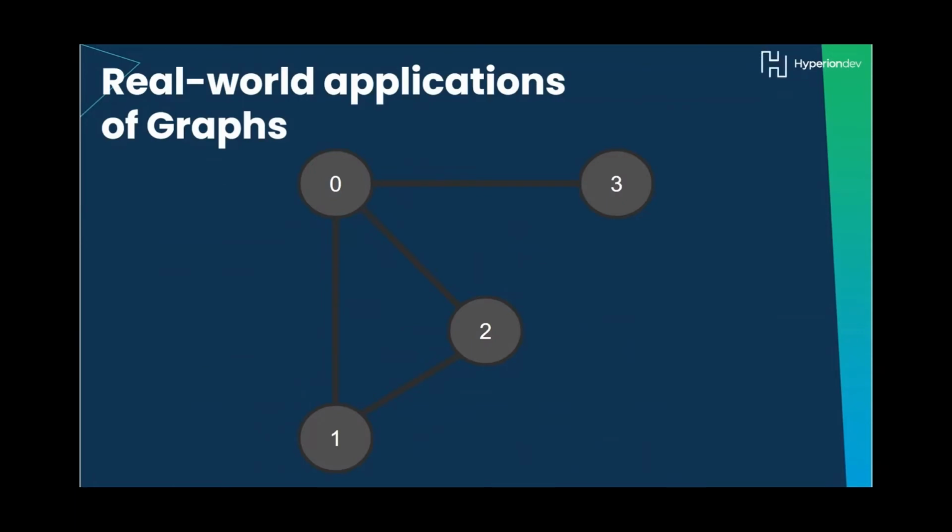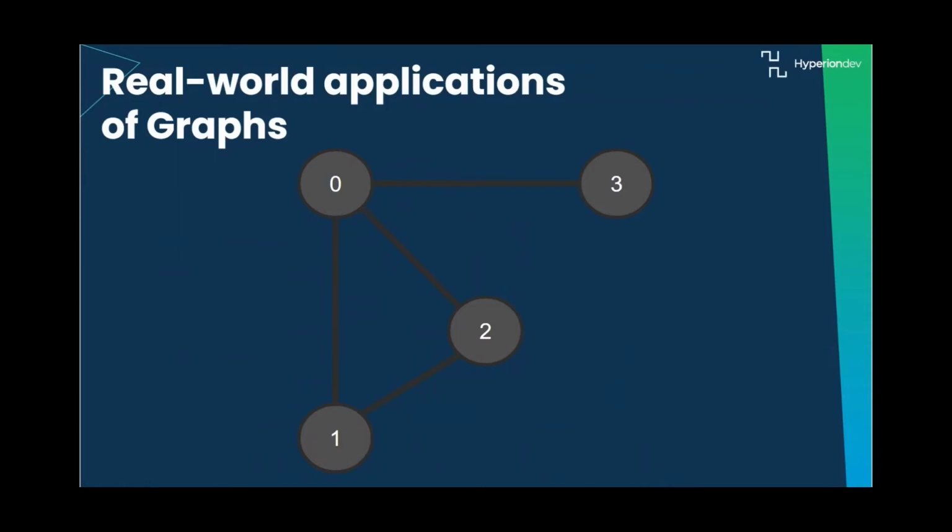Next, we have graphs, which is a data structure that is also nonlinear and is made up of a finite number of nodes or vertices and the edges that connect them. In my previous workshop, we went through a couple of types of graphs, like the undirected graph, which is what is displayed in the image on the slide.